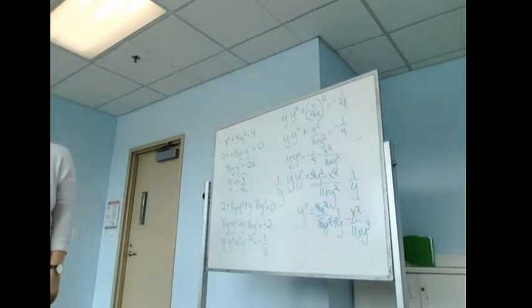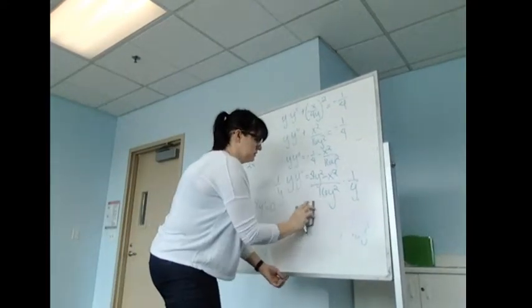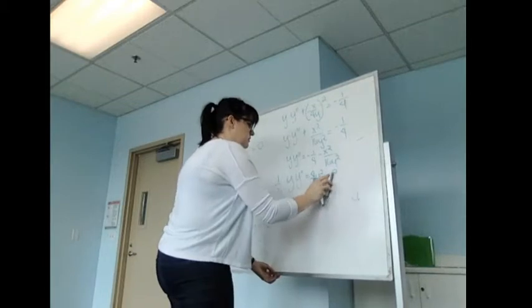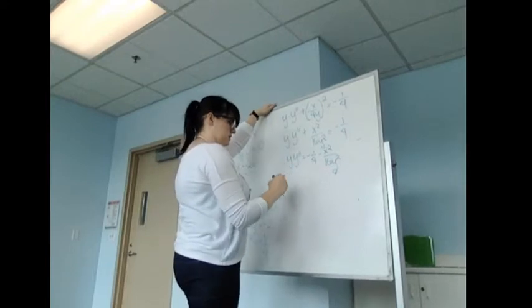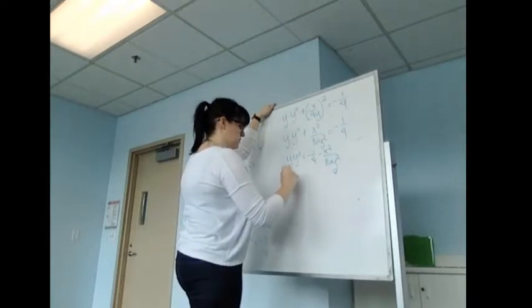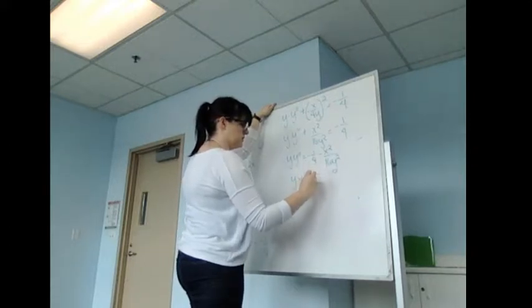Is that the answer? No? Because here I multiplied, so I actually made a mistake here. Let me start from right here again. Okay. So then y times y double prime equals, I'm just going to leave it as this.